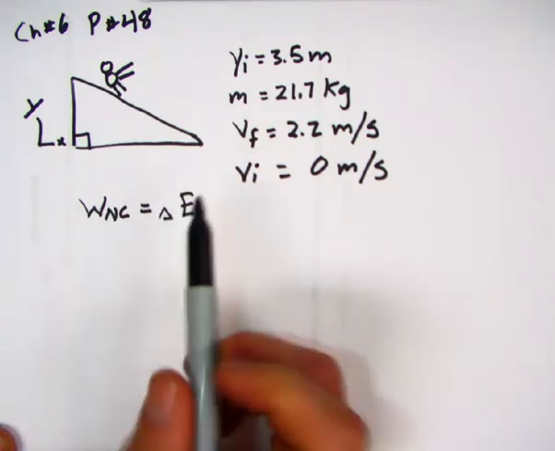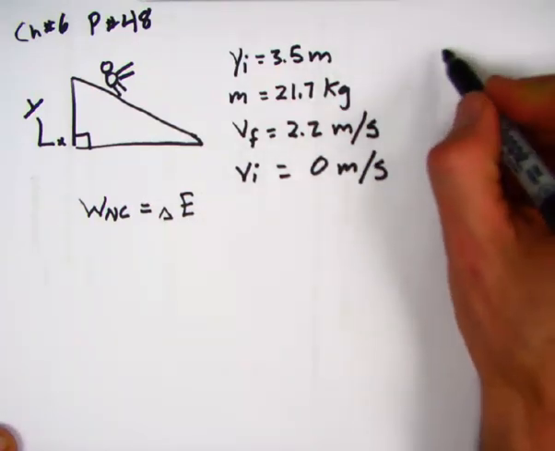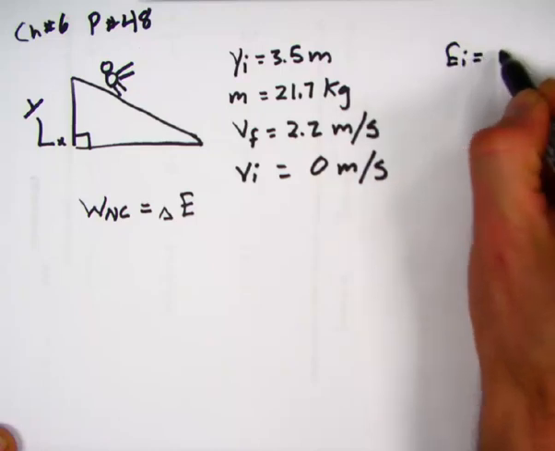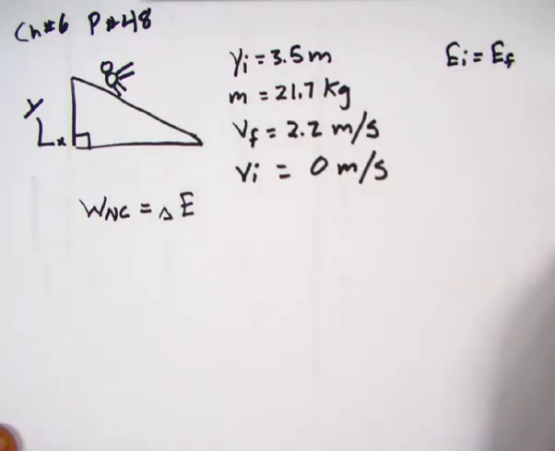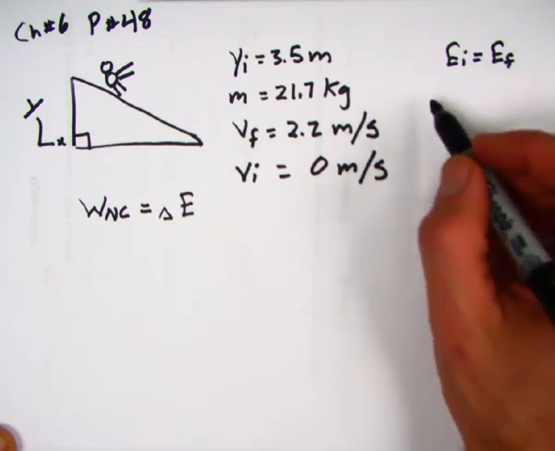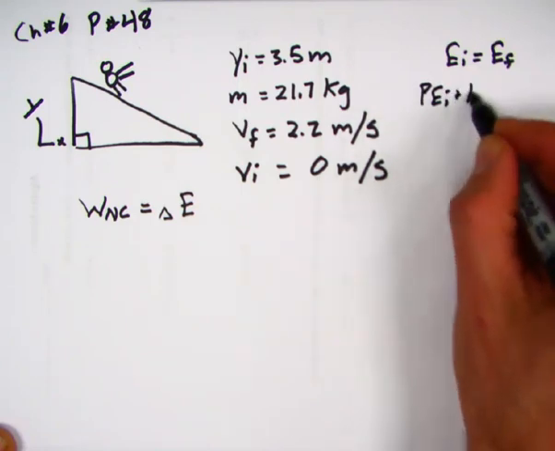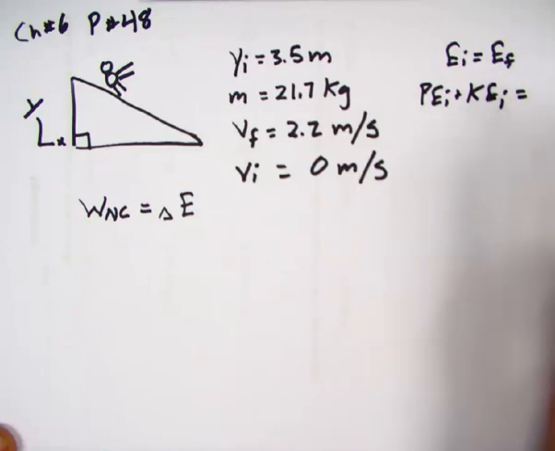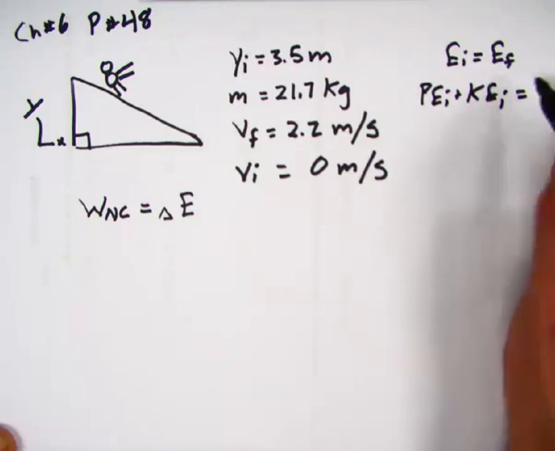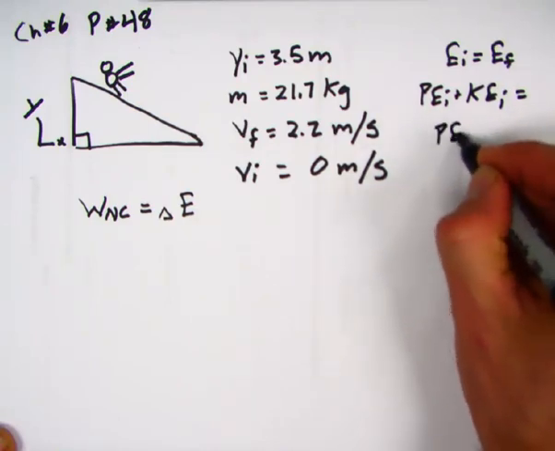Here's the big idea. So far we've said, hey, mechanical energy is conserved if there's no non-conservative forces acting, right? So potential energy initial plus kinetic energy initial equals kinetic energy final plus potential energy final. And that's great, but it's not always the case, right?